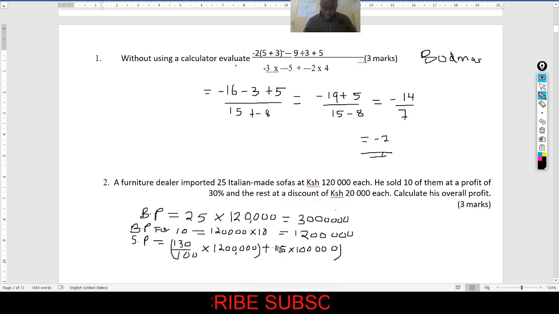That is the total selling price, the whole thing. It gives you 12,000 times 130.